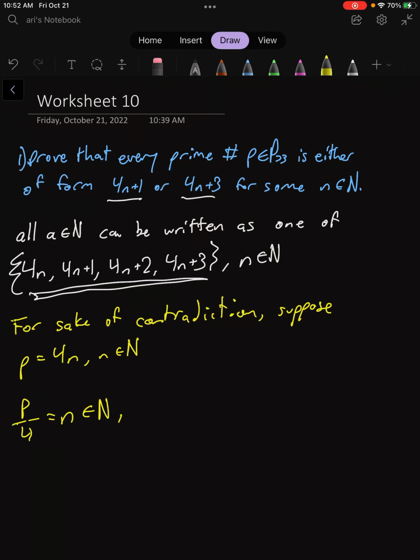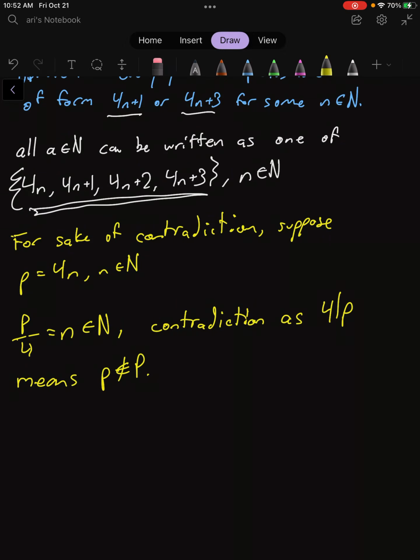But we have a contradiction, as 4 divides p means p is not prime. But we know that p is prime, so we run into a contradiction there. The fact that we're able to divide out 4 gives us this contradiction.